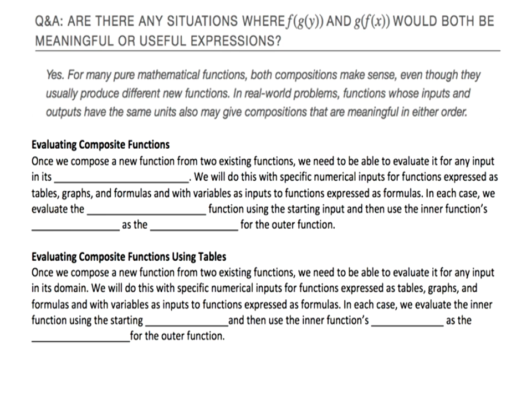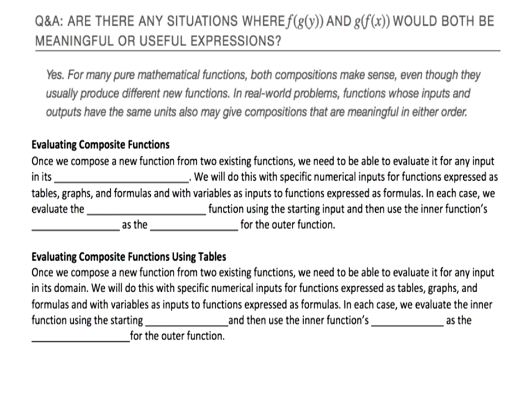Okay, so I felt it important to include this Q&A from your book. Occasionally they will put these little help boxes for commonly asked questions by students or common misunderstandings. So the question is, are there any situations where f of g of y and g of f of x would both be meaningful or useful expressions? And the answer is yes.